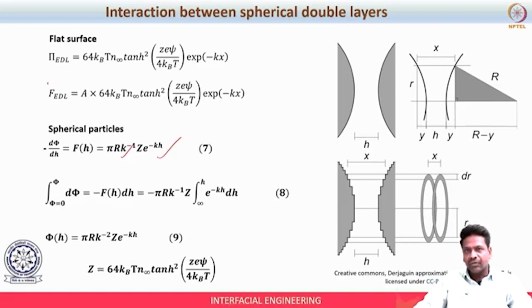But you can also convert this electrical double layer force into energy, the repulsive energy. For that, you can call it d pi by dh, where h is the minimum separation distance, or you can integrate it with respect to dh.